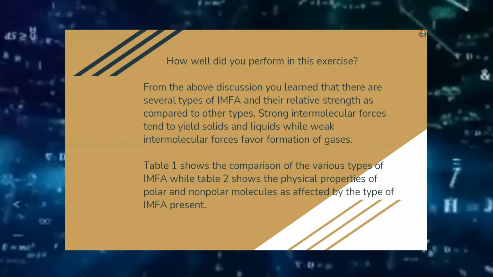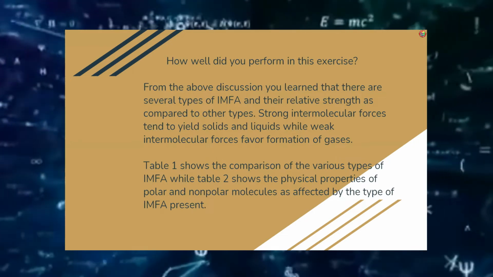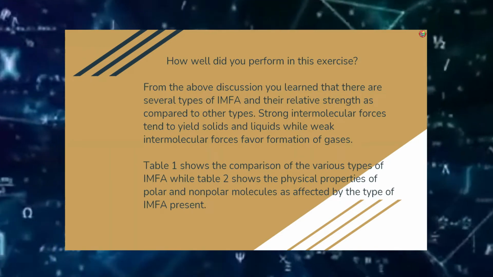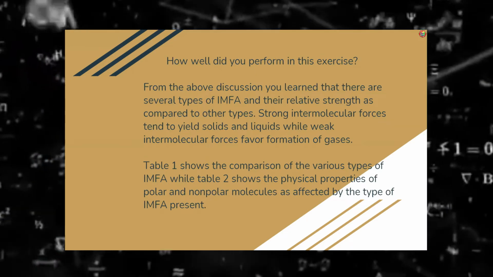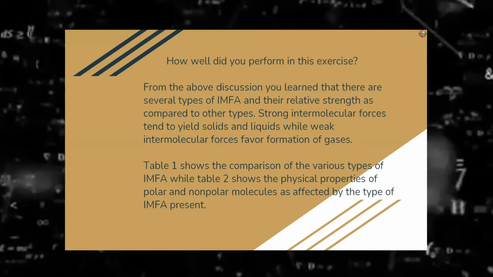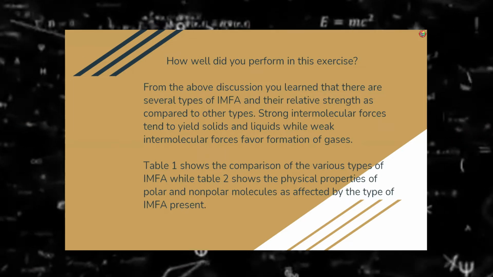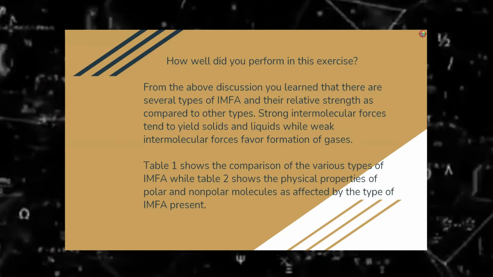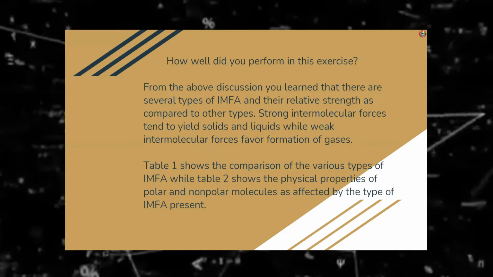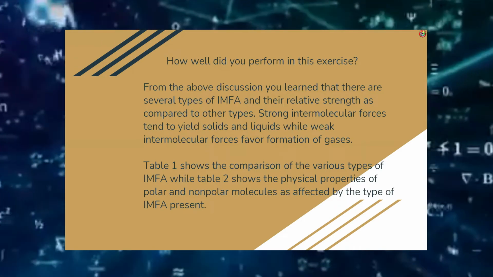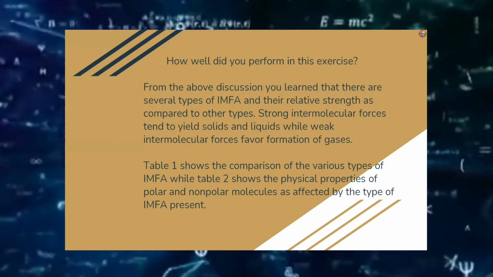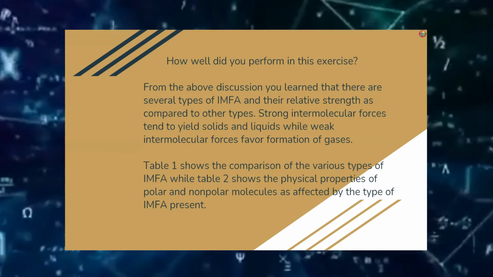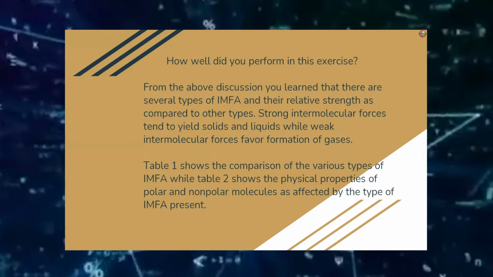From the above discussion, you have learned that there are several types of IMFA and their relative strength as compared to other types. Strong intermolecular forces tend to yield solids and liquids, while weak intermolecular forces favor the formation of gases. Table 1 shows a comparison of various types of IMFA, while Table 2 shows the physical properties of polar and nonpolar molecules affected by the type of IMFA present.